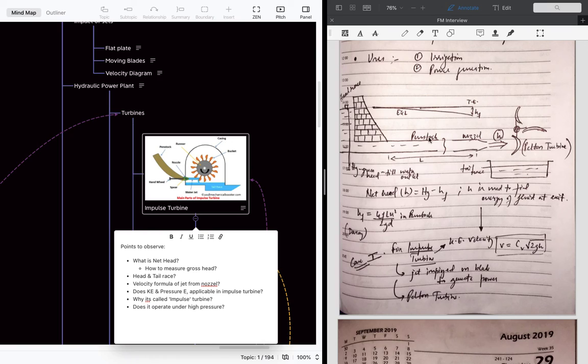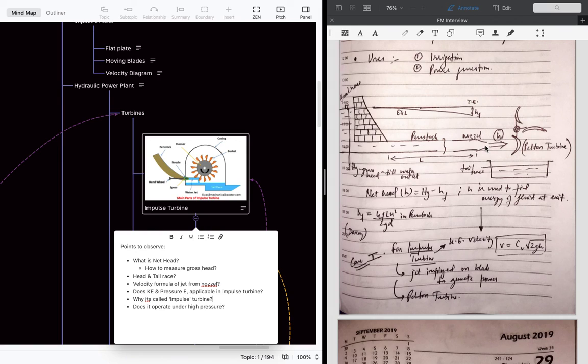So what happens in this process is that there is a net head loss, and the net head is calculated from the gross head. Hg is the gross head, and the gross head is nothing but the distance from the head race to the exit point of the nozzle. So this is the exit point, and the gross head will be from here to here.